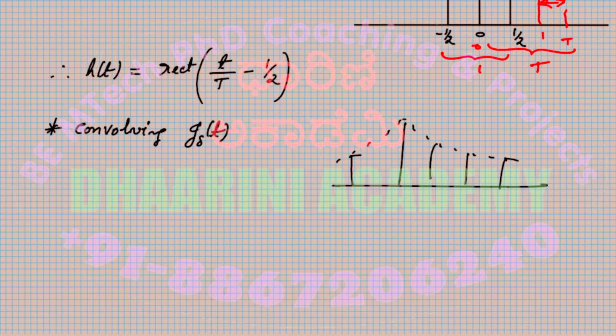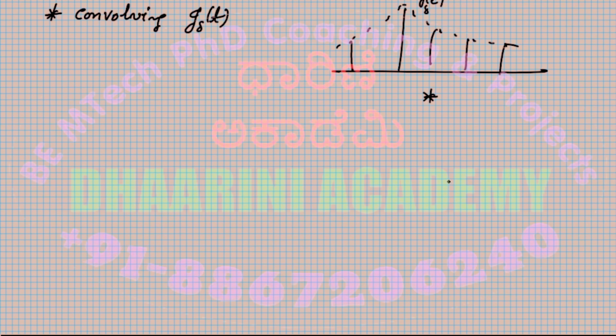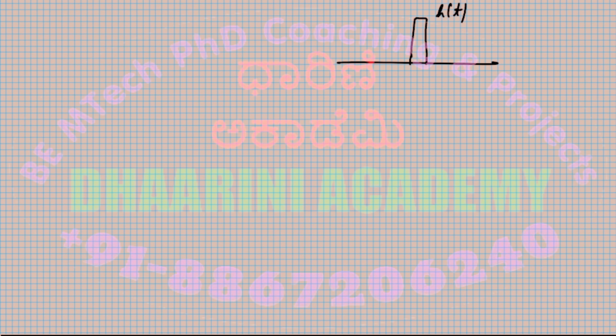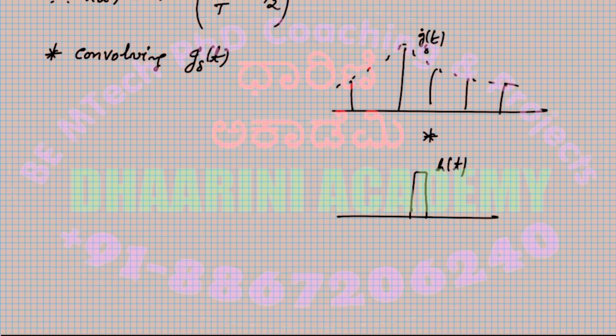Anyway, you don't have to write this, but I'll give a notation for it here. So this is the g delta of t, let us assume. What I do, I try to perform the convolution of this function with our rectangle. This is the h of t. When you do this, what do I get, I'll show you. I'll copy this g delta of t once again, because that itself I can extend to show you the answer.